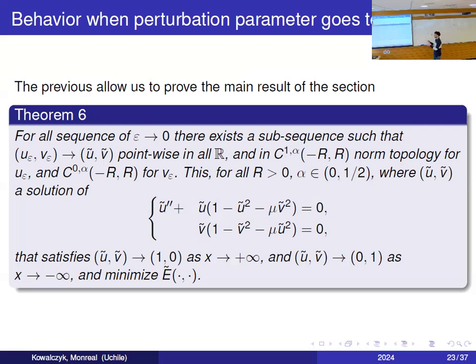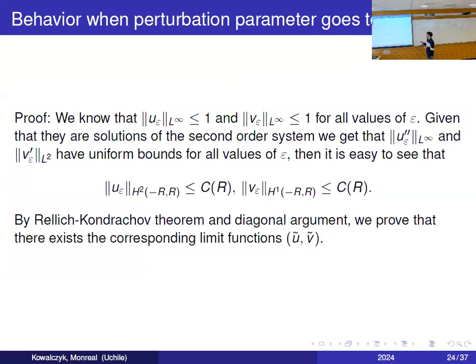Now let's see how the proof goes. We have all the ingredients. Can we have these uniform estimates for the values of U_epsilon, V_epsilon? We have the uniform estimate for the second derivative of U. We just proved these energy estimates that allow us to show the uniform estimate for the family of the derivative of V. So we have uniform estimates in H^2_loc and H^1_loc. So with the Arzelà-Ascoli, Kondrachov theorem and a diagonal argument, we can get the convergence that we want, as in the statement.